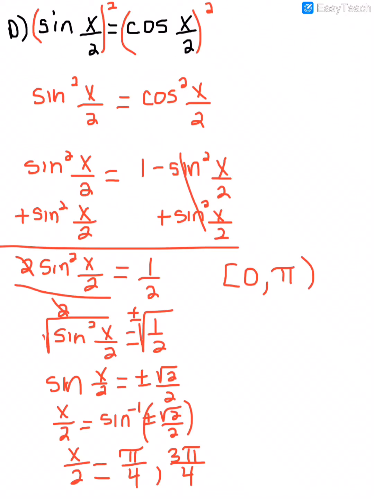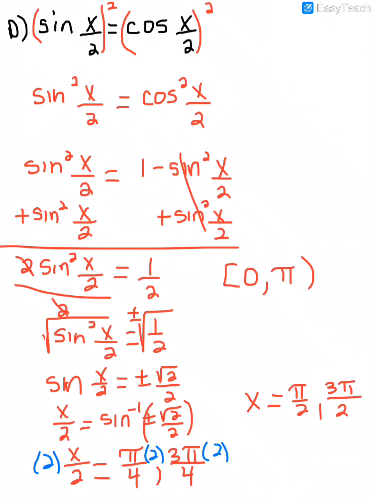And then we need to multiply both sides by 2 to get x by itself. So if I multiply everything by 2, that would give me x is equal to pi over 2 and 6 pi over 4, which would be 3 pi over 2.